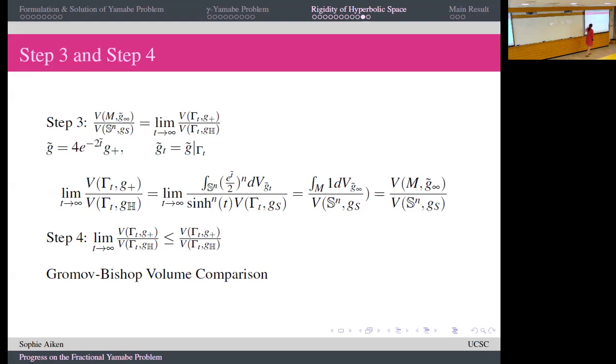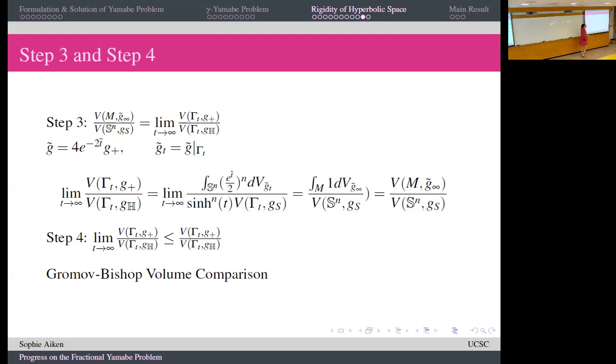Then they can rewrite what your background metric is and use the dominated convergence theorem to deal with the limit. And then finally, by Gromov-Bishop, we know that this quotient is always a non-increasing function.